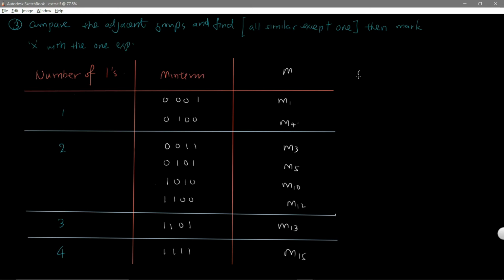So you can write here 0, 0, x, 1 from M1 and M3. Why is this important? It is because you need to take down this position, because in the later steps, when you want to cancel out some of these terms, you want to know where they come from. You want to know what minterm they represent.